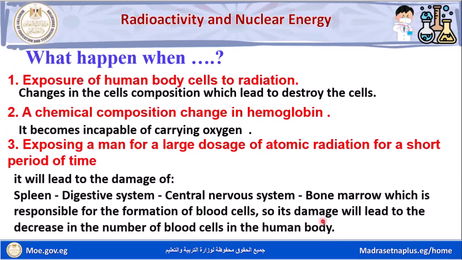So its damage will lead to the decrease in the number of blood cells in the human body. That is what happens when man is exposed to a large dosage of atomic radiation for a short period of time.